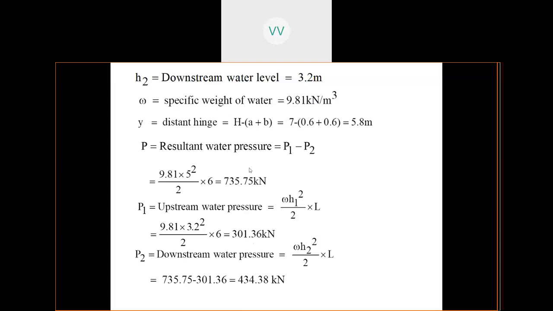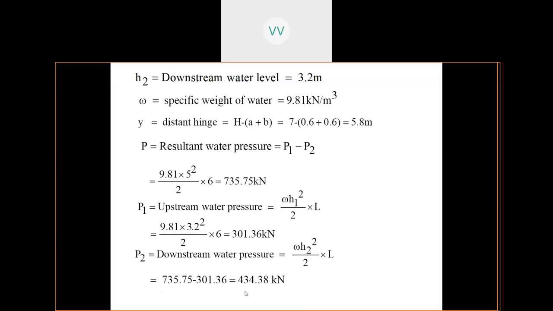Let me adjust the values: P1 is this pressure, P2 is this pressure, and P is the resultant pressure. The first value minus the second value, what do you get ultimately? What is the pressure difference between the upstream and downstream ends?